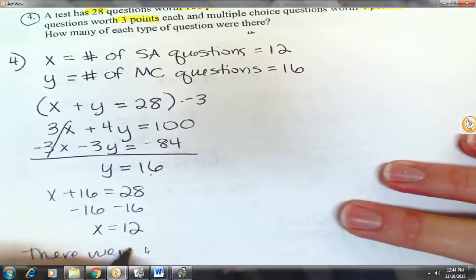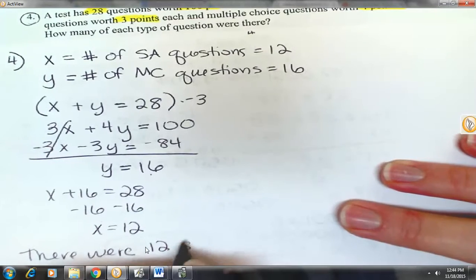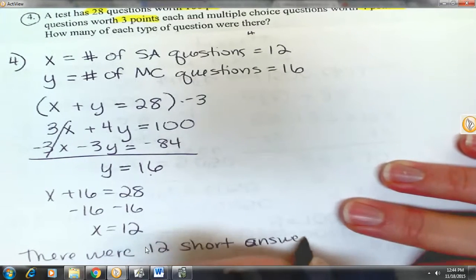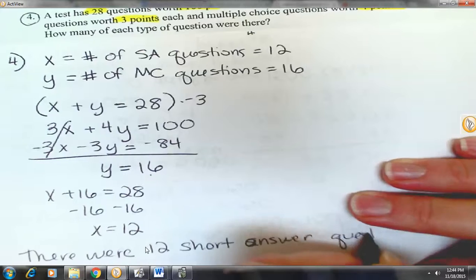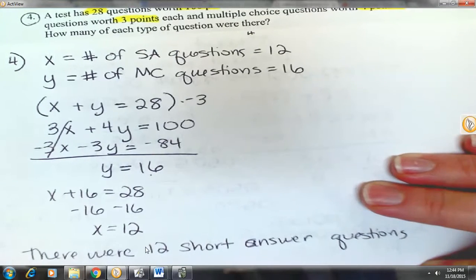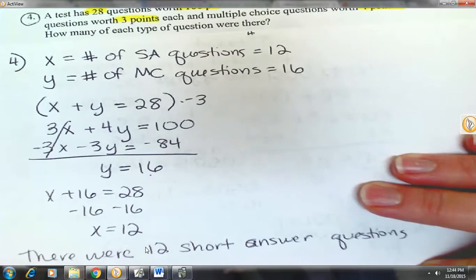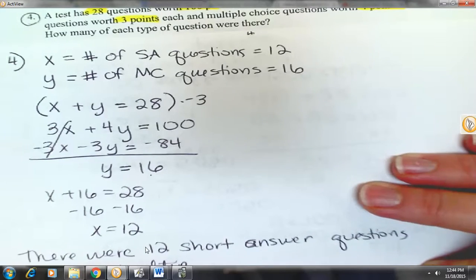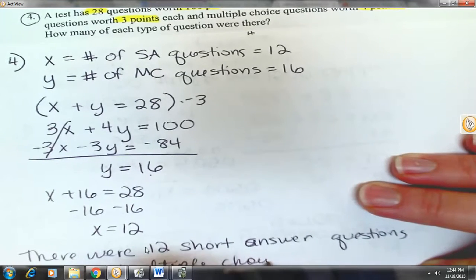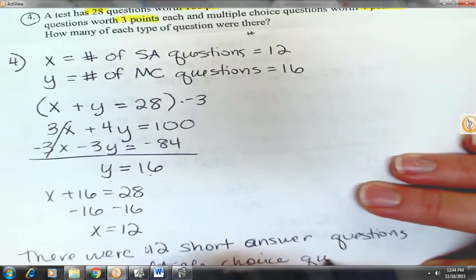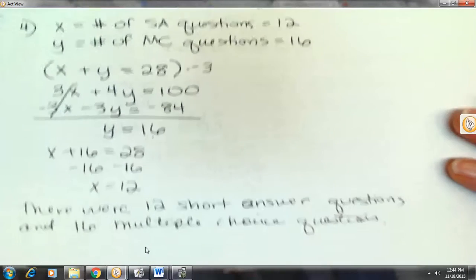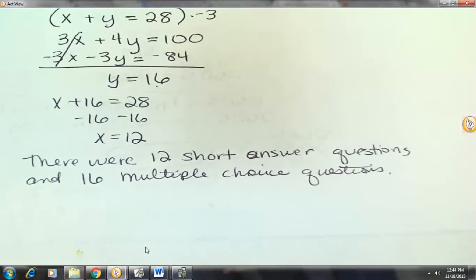There were 12 short answer questions and 16 multiple choice questions.